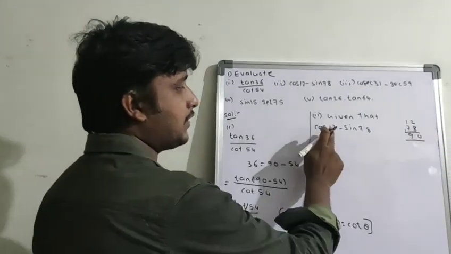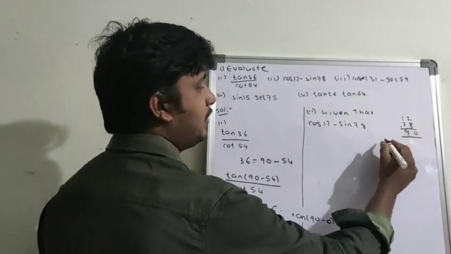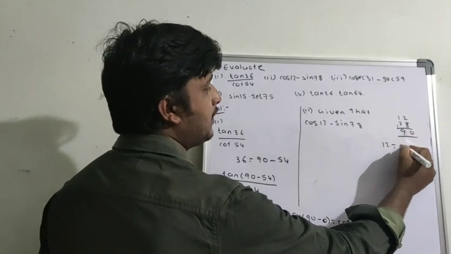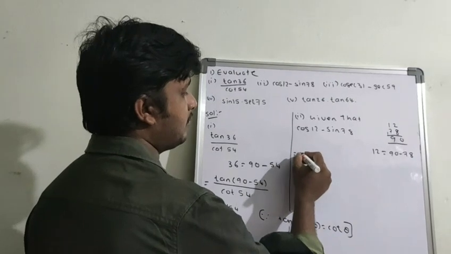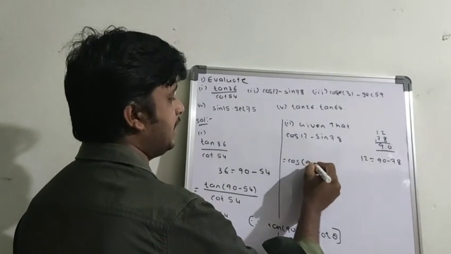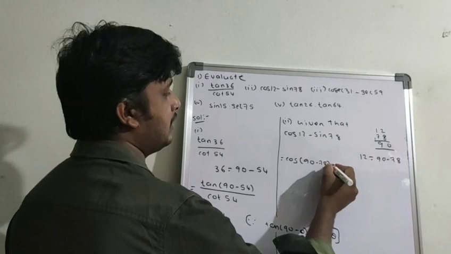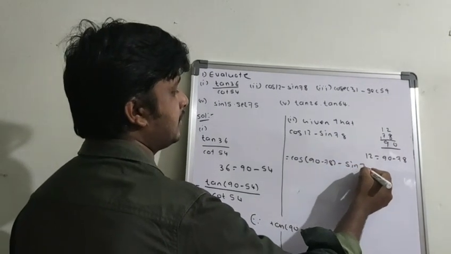So either 12 or 78 we can change, but I'm changing 12 equal to 90 minus 78. In the place of 12, I'm substituting: cos(90 minus 78) minus sin 78.